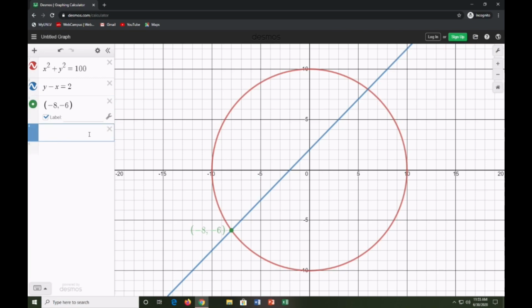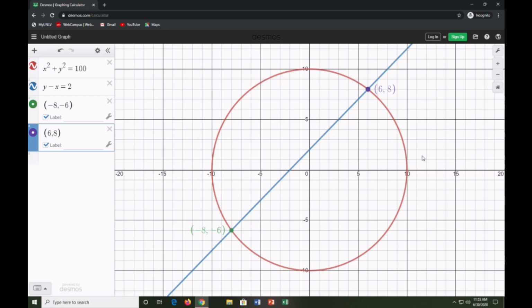The other point we found was 6, 8. And there you are. We can snap to it right there. The purple point. So those 2 points we were able to correctly calculate. Okay, so that's what the solution means.